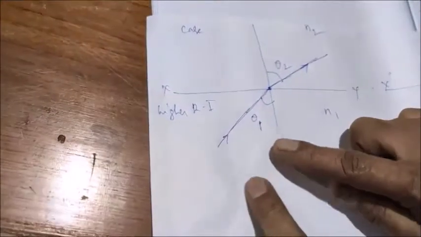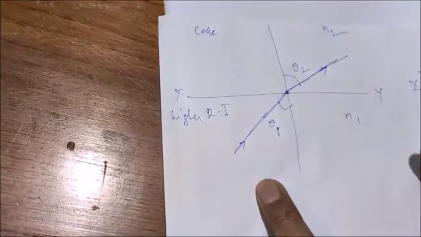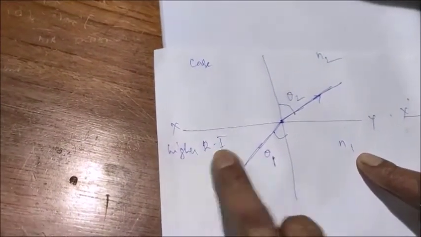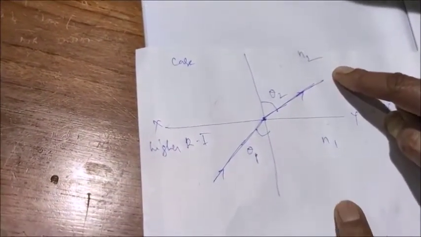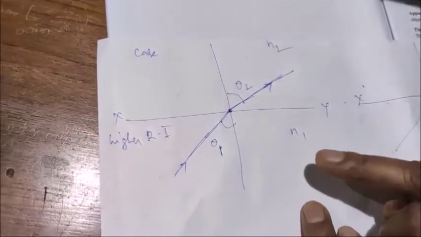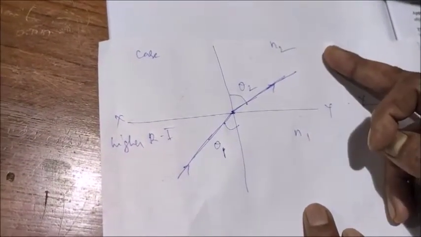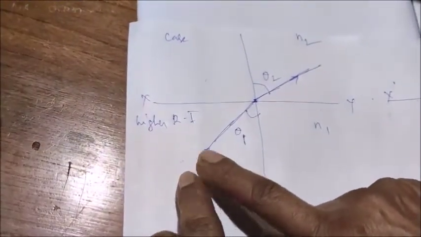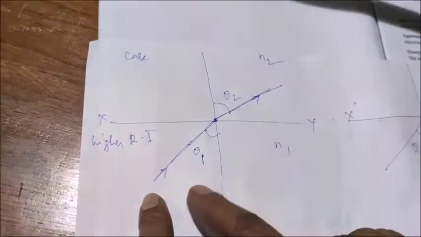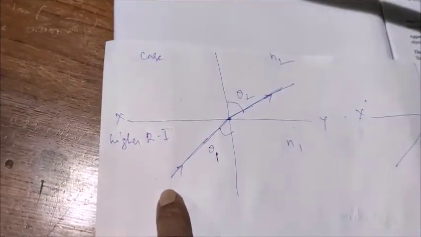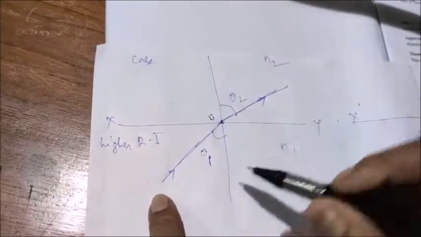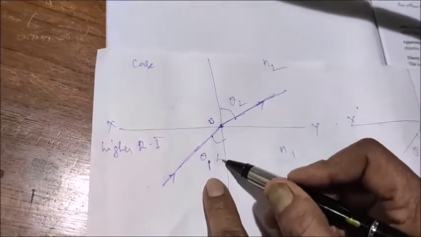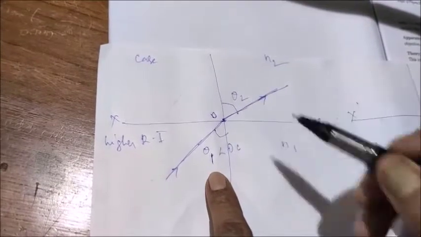So let us know what total internal reflection is. When a ray of light travels from a denser medium to a rarer medium, that is from a higher refractive index medium to a lower refractive index medium, say water or glass, refraction takes place at the point of refraction O. Say theta 1 is less than theta c, and this is theta 2, the angle of refraction.